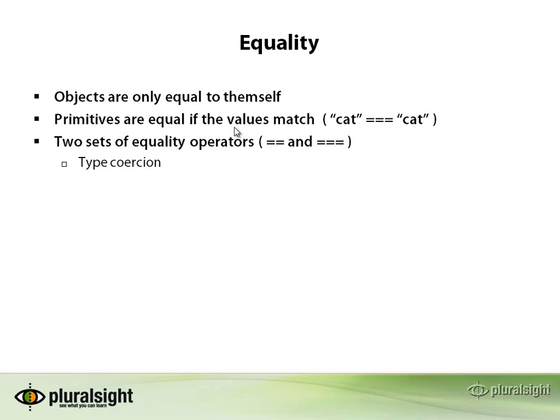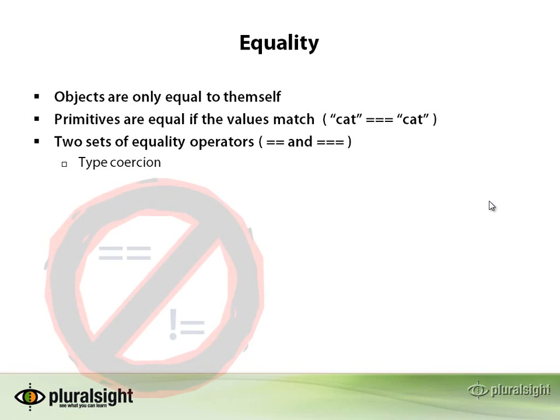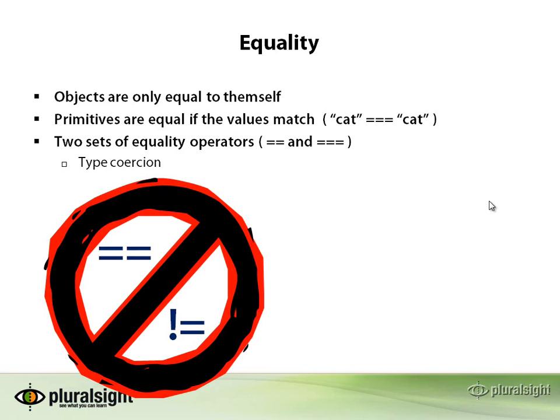So the common recommendation is never to use == or !=, and instead stick with the triple equals and !== operators, which will not do the type coercion. So it prevents a class of error that occurs when comparing two objects that represent the same value but have different types.